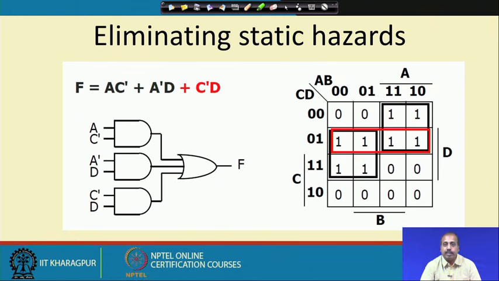This way we can eliminate the static hazard by doing some redundancy. We are going a bit counterintuitive: for Boolean function minimization, we do not allow this type of extra quad or square formations, but for eliminating the static hazard, we are doing the other way. We are allowing these extra terms, so that these hazards are not there.